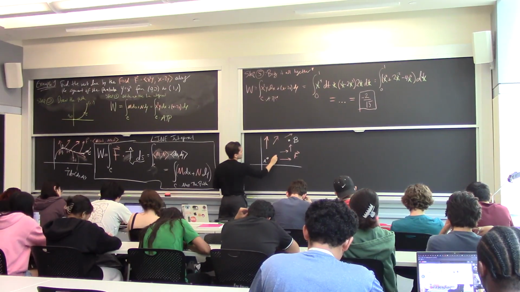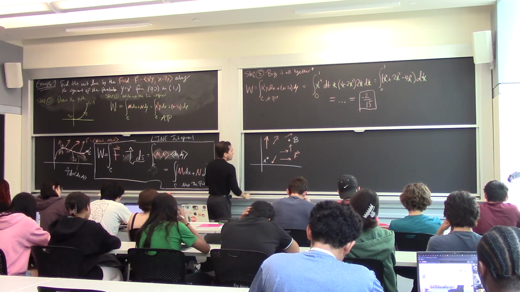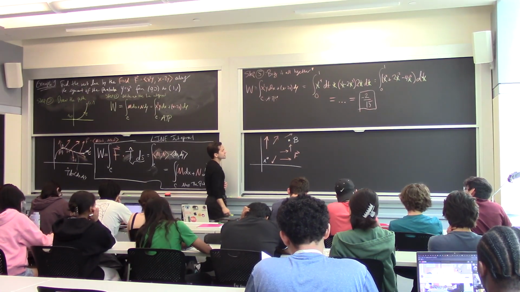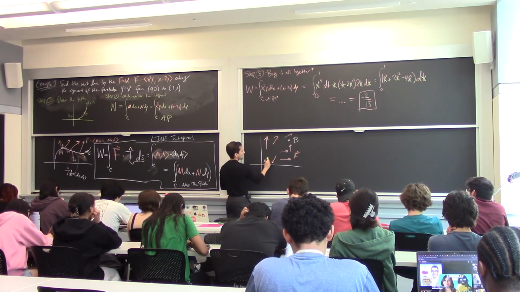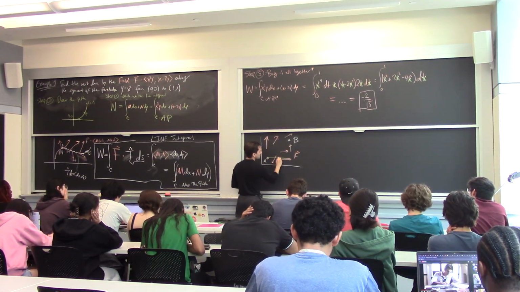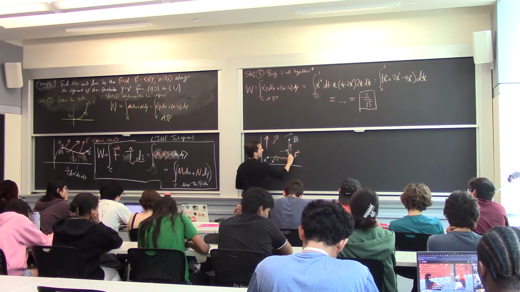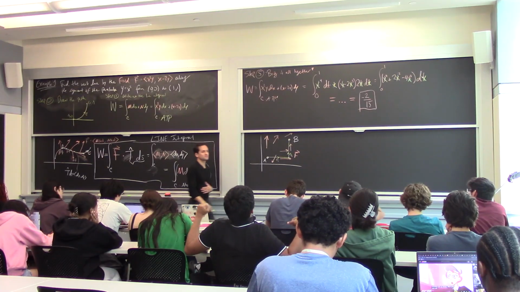You've seen it now in three-dimensional space, which is really cool. And I can get from A to B in any number of ways. One way, maybe I go this way, a path C1, and then I go this way, a path C2, right?